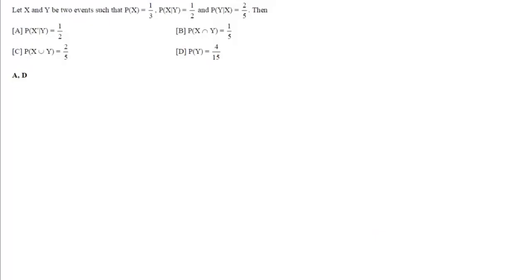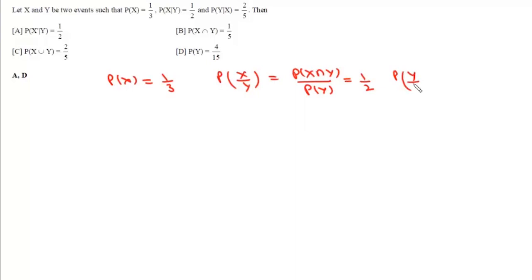Now here the question is, we are given that probability of X is 1 by 3, probability of X upon Y, which is probability of X intersection Y upon probability of Y, is 1 by 2, and probability of Y by X, which is probability of X intersection Y upon probability of X, is 2 by 5.